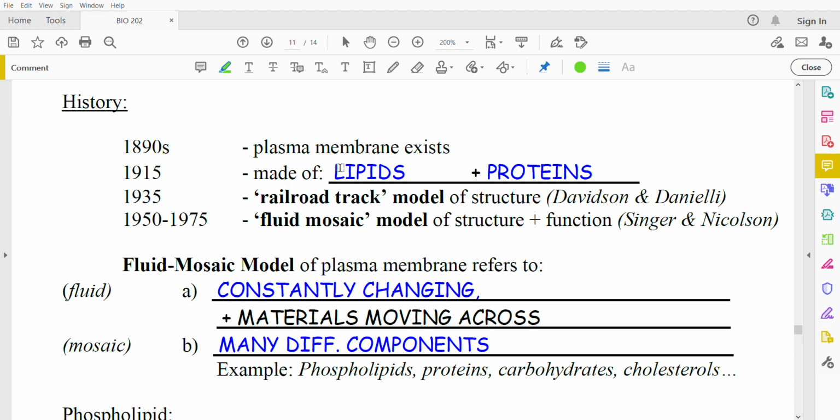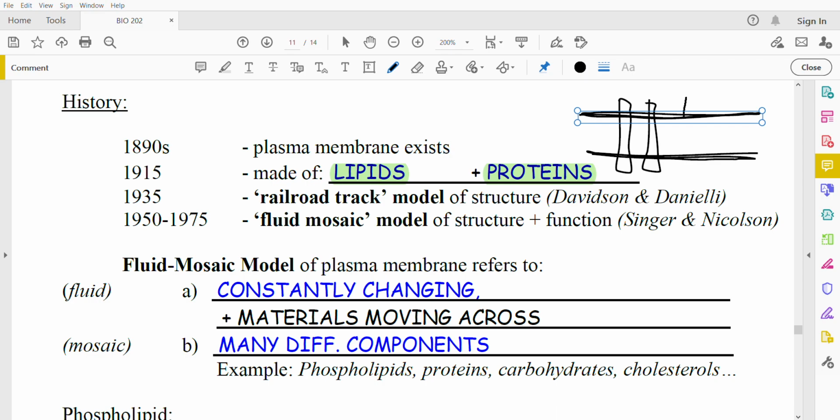But to me, early on in the 1900s, we already knew that there were lipids and proteins that made up the plasma membrane. The model of the railroad track, which was proposed by Davson and Danielli, was that there are going to be two layers, and then there are almost like these sleeper posts that we have on a railroad that connect these two sides together.